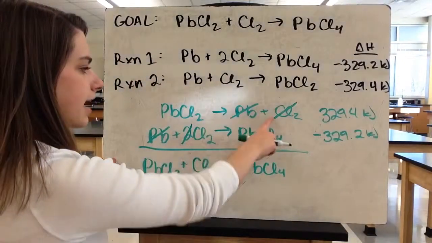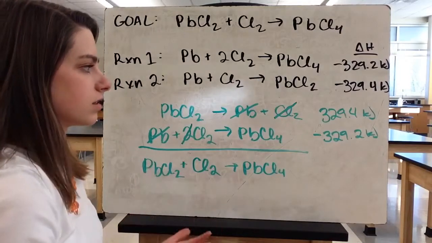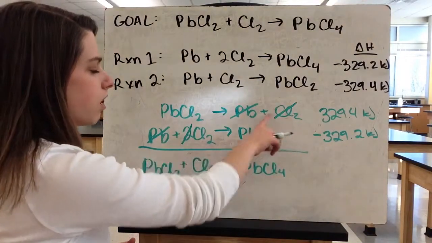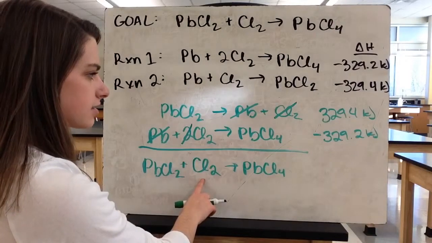So they don't necessarily have to have equal coefficients, but you have to keep in mind you can only cancel the smallest number. So I can only cancel one of my chlorine gases, and so I'm still left with another chlorine gas.